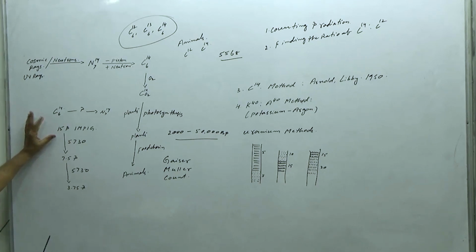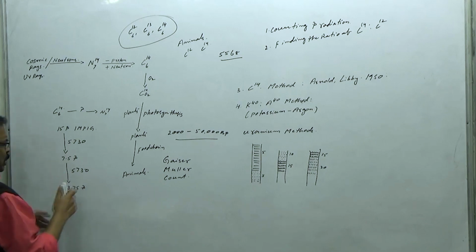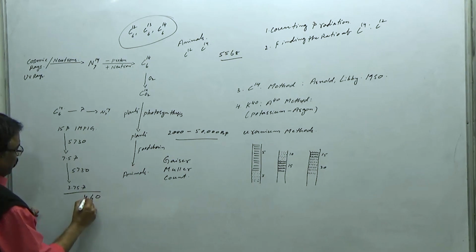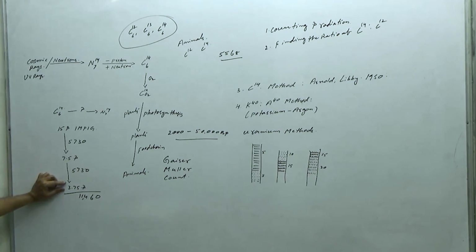After 5730 years, the beta radiation number will become half: 7.5 beta radiations only. Then after another 5730 years, that is 11,460 years, the number of beta radiations is 3.75.